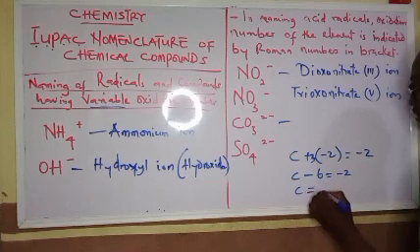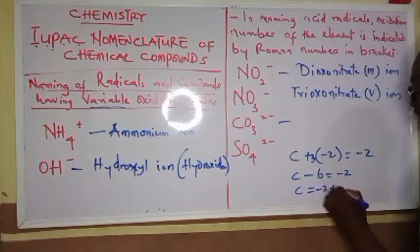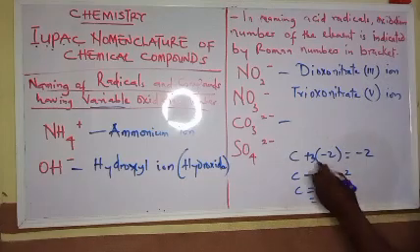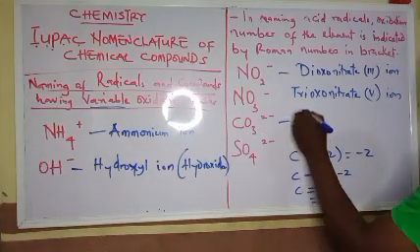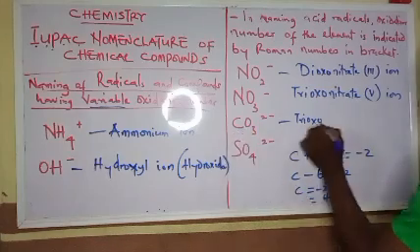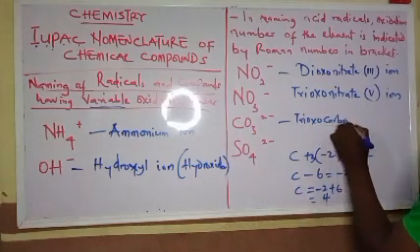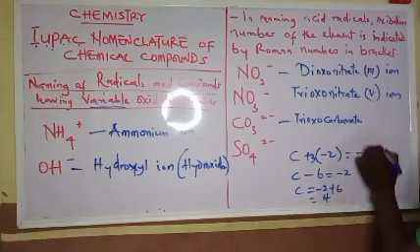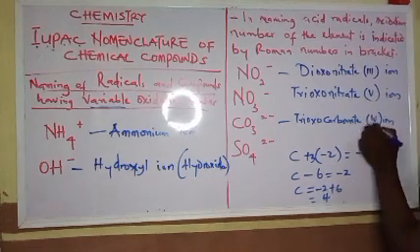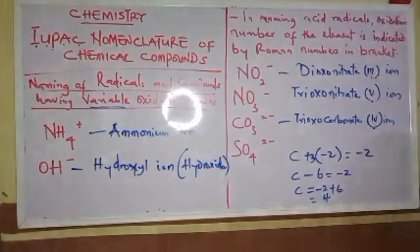So C becomes -2 plus 6, that's 4. So this becomes trioxocarbonate(IV) ion. You can see the oxidation number is always written in Roman numerals.